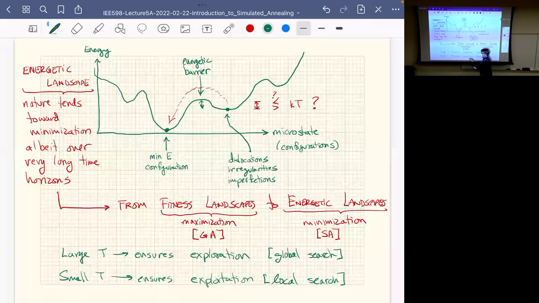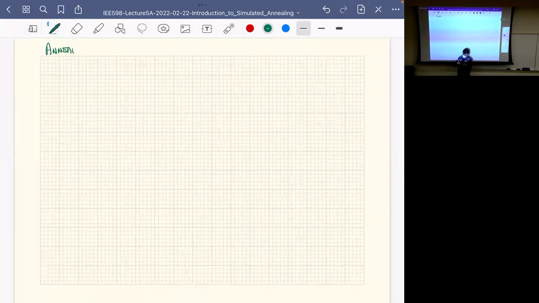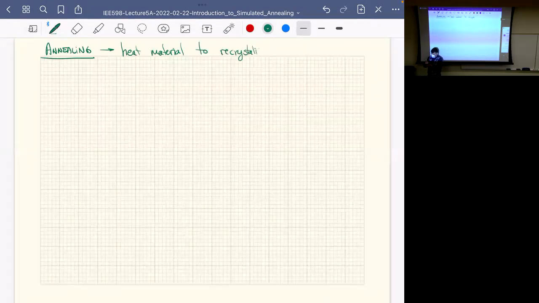So the idea behind annealing, just regular old annealing, is a process where we heat the material to recrystallization, so high temperature.